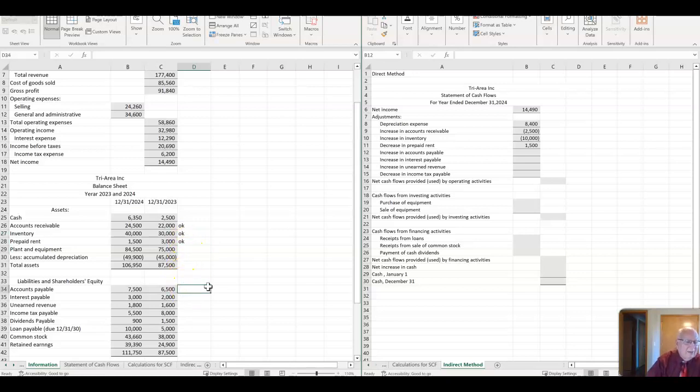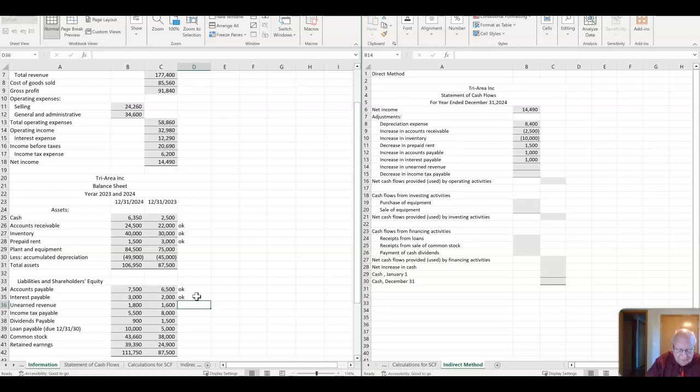So we come down here to accounts payable. Accounts payable increased by $1,000. Since payables went up, we add it for $1,000. Interest payable went up $1,000. Well, that's another payable that increased, so that will be added. So that would be $1,000 added to it.